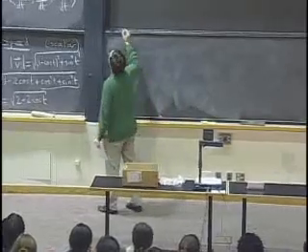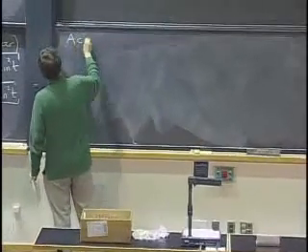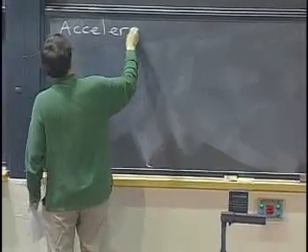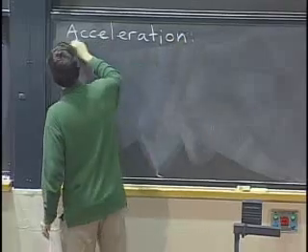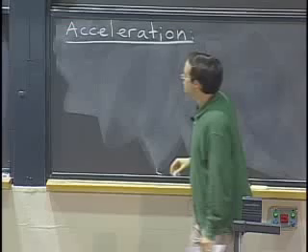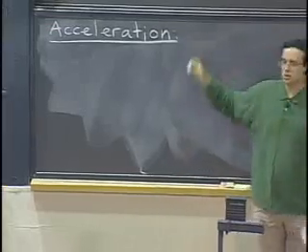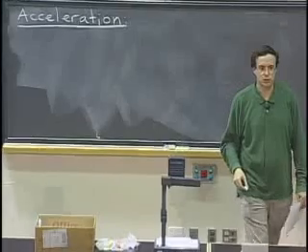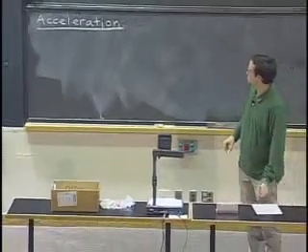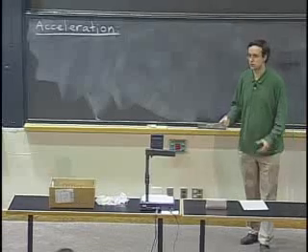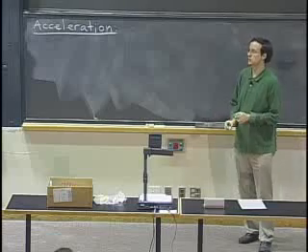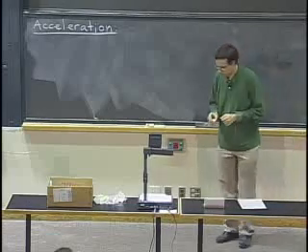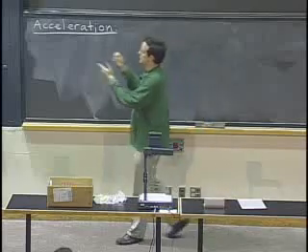Now, what about acceleration? Here I should warn you that there's a serious discrepancy between the usual, maybe intuitive notion of acceleration, the one that you are aware of when you drive a car, and the one that we'll be using. So you might think acceleration is just the derivative of speed.